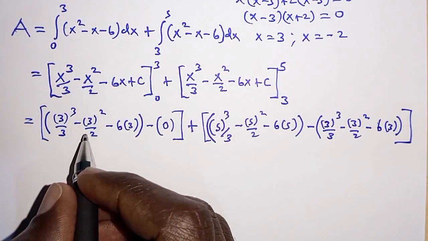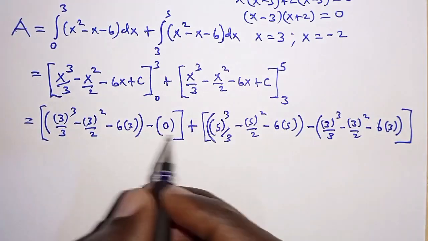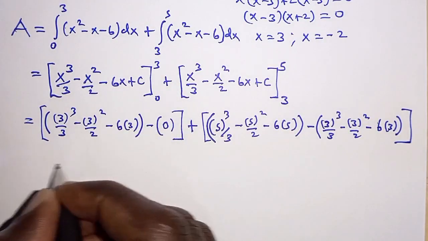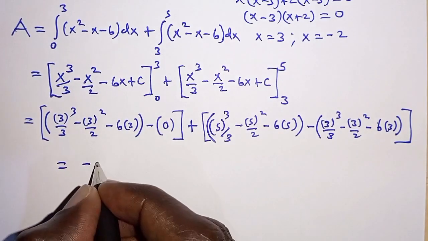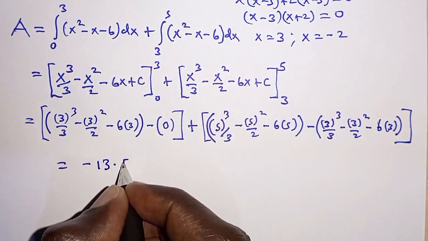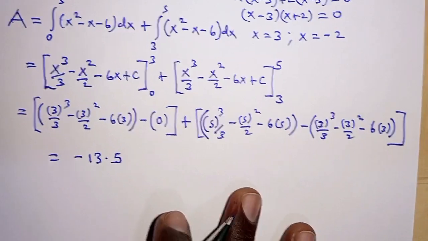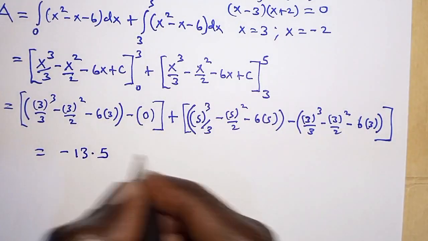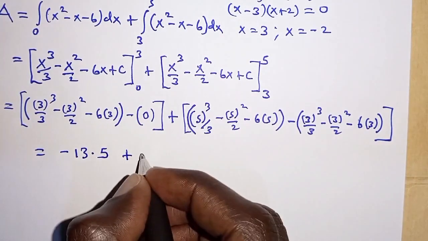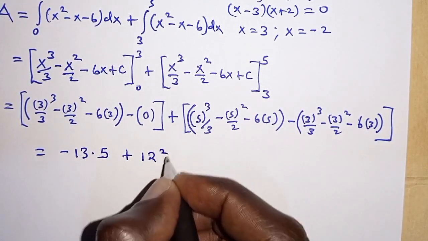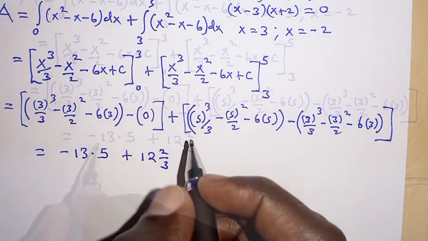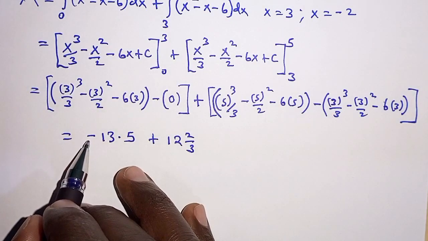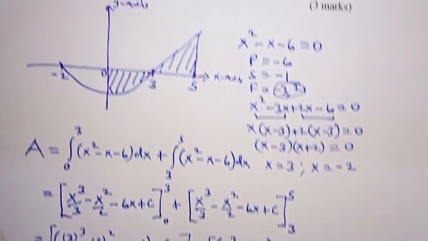Working out this from my calculator for this first bracket, I'm able to get negative 13.5. And then for this other bracket, I'm able to get 12 and 2/3. Remember, we had said earlier on that the negative here just shows the direction.